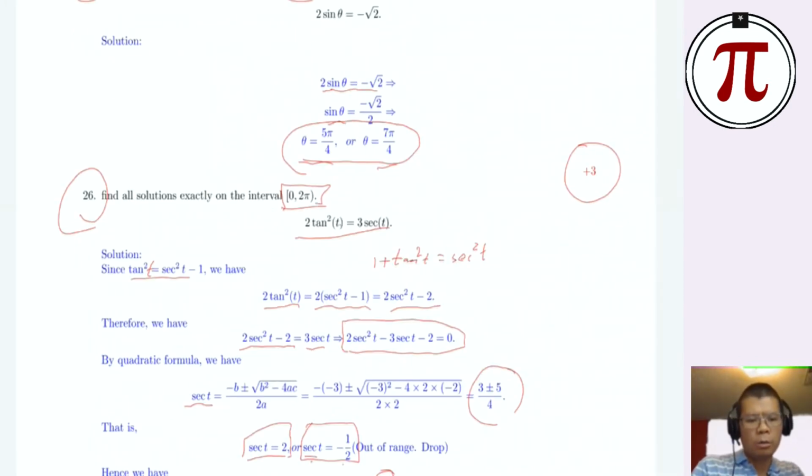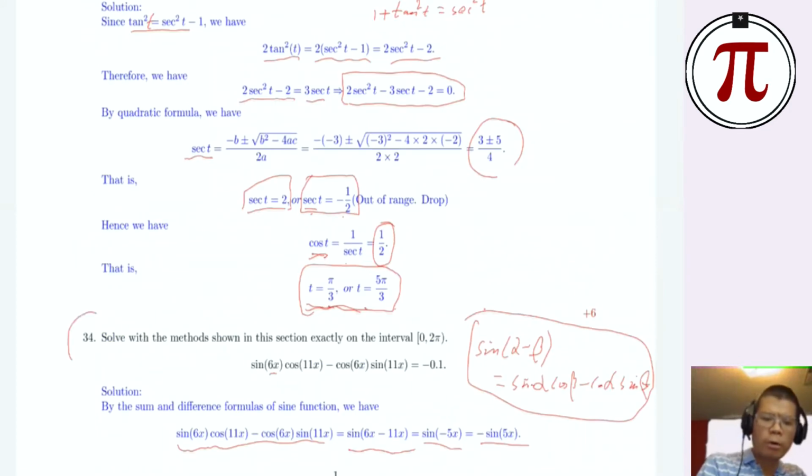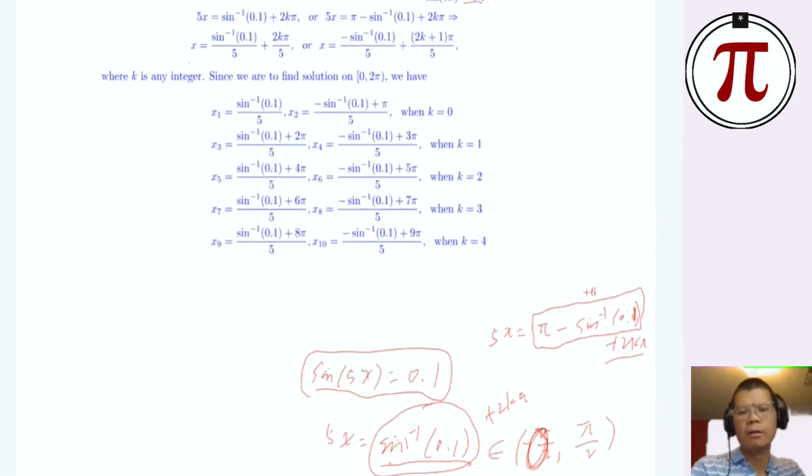Now the story is different for this question, 3, 4. We're not having sine of x is 0.1. Instead, we have sine 5x is 0.1. It's not like sine x. If sine x is 0.1, then there are just two answers, right?